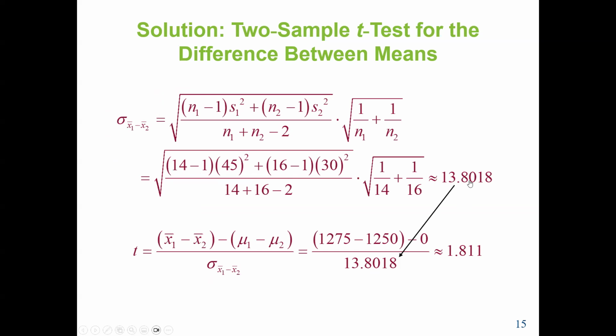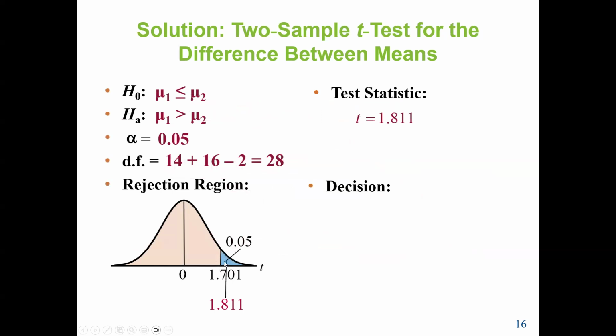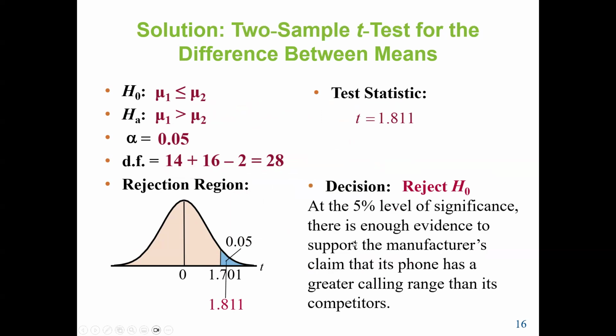Okay, so here we are going to reject H0, as it falls in the blue area. So at the 5% level of significance, there is enough evidence to support the manufacturer's claim that its phone has a greater calling range than its competitors.